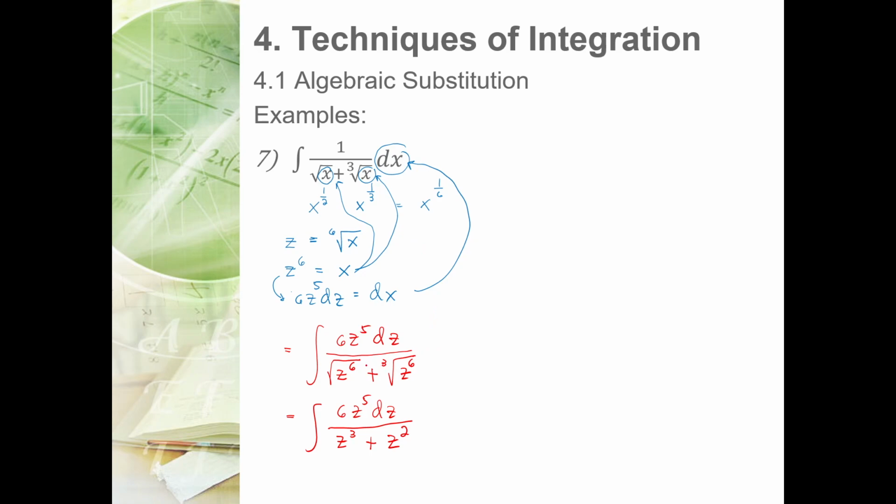For those of you who are confused about the z cube and z squared, in exponential form this is z to the power of 6 over 2 plus z to the power of 6 over 3. That's why it became z cubed plus z squared.